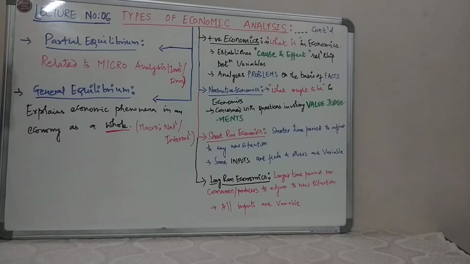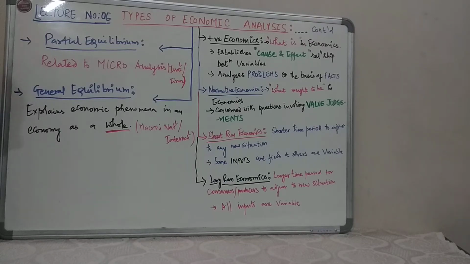Some inputs are fixed and others are variable. Like getting the crude oil from there, the cost of getting that might be fixed, the landing charges might be fixed, the distribution charges might be fixed. Only the essential part of that, crude oil, is variable in the short run.